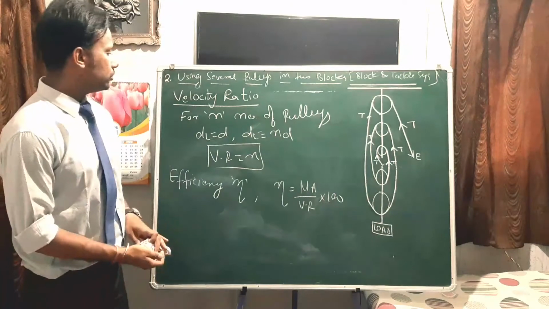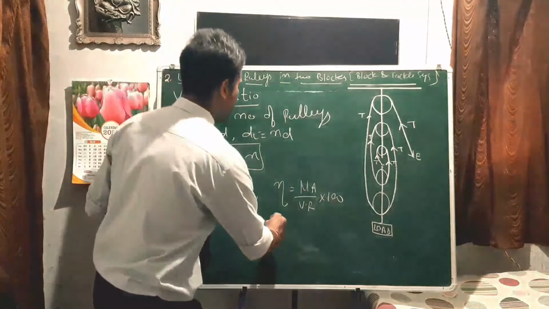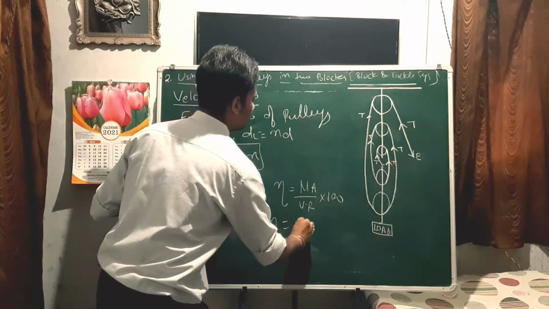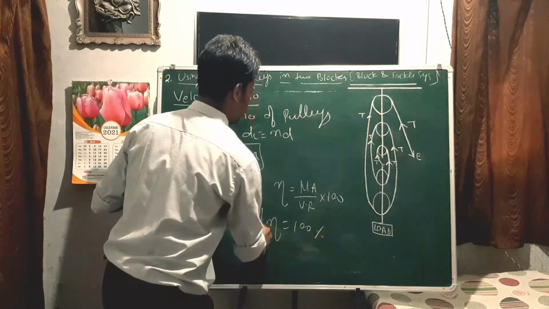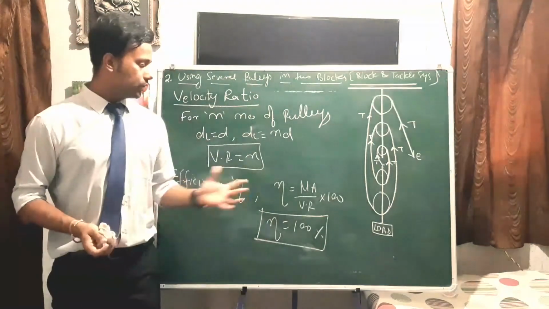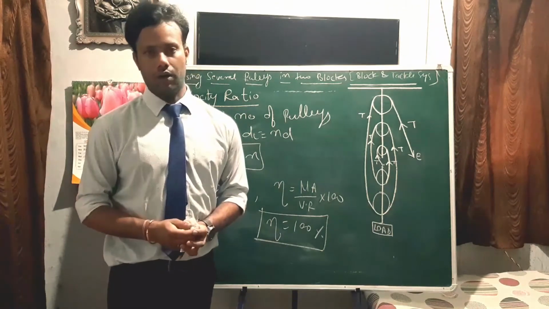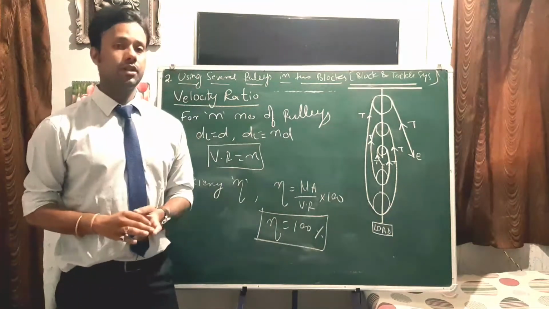And we know that in both cases VR and mechanical advantage are both N. So that will be 100%. So that's how this system of pulleys works. So the efficiency is 100%.